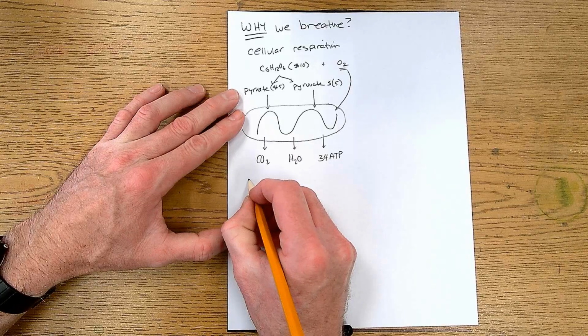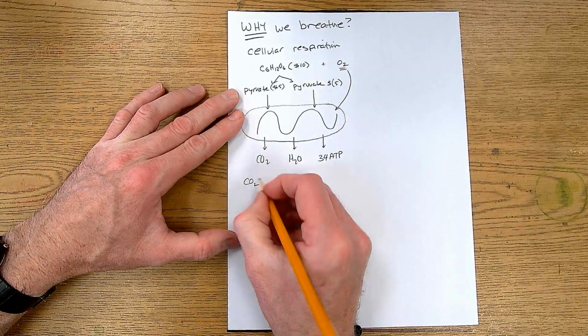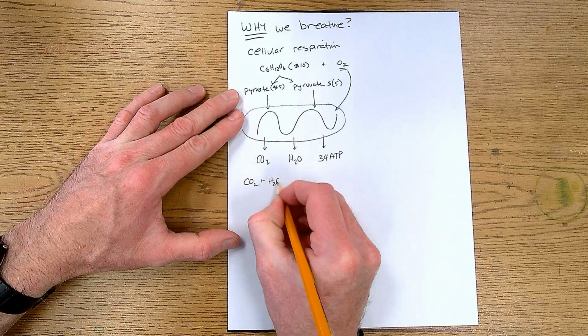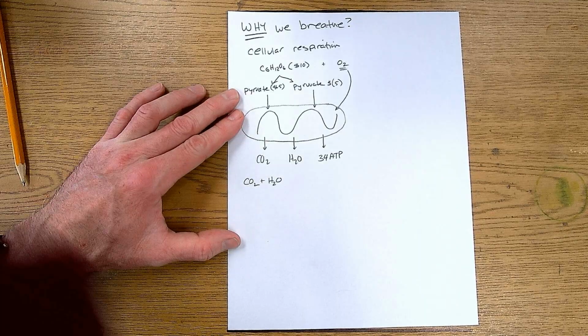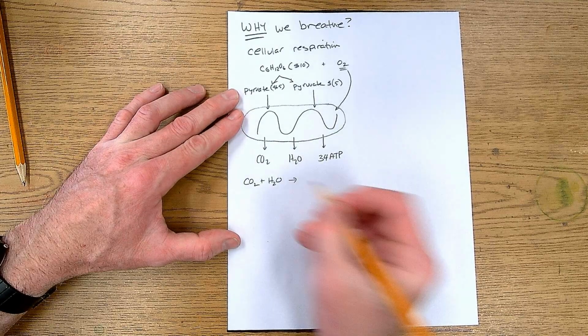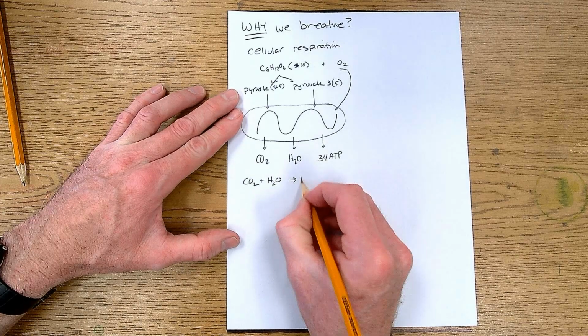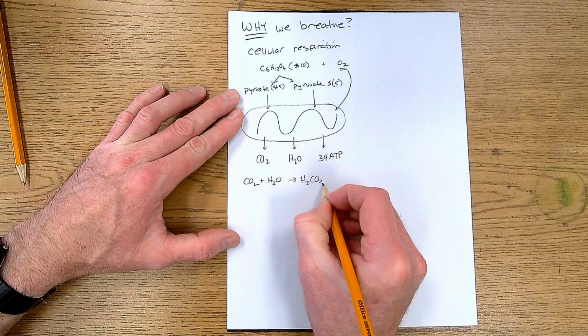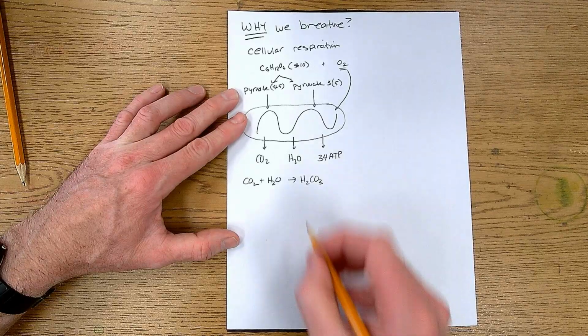So if we let CO2 combine with water, they're going to form H2CO3, which is carbonic acid.